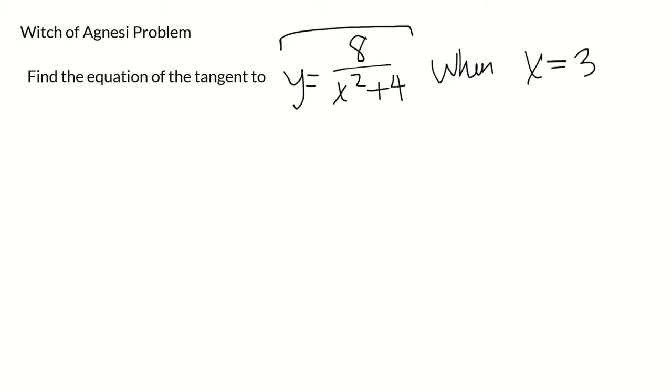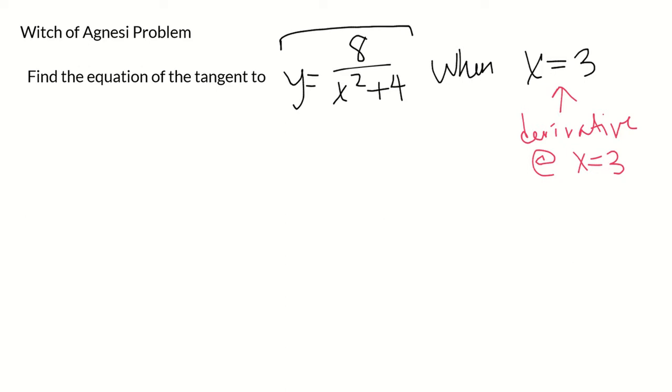To get an equation of a line, we're going to need the derivative at this point. So the derivative at x equals 3, and then we're also going to need the point when x equals 3. So let's start with the derivative.